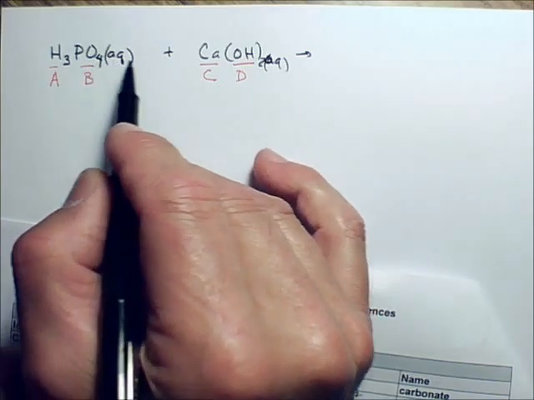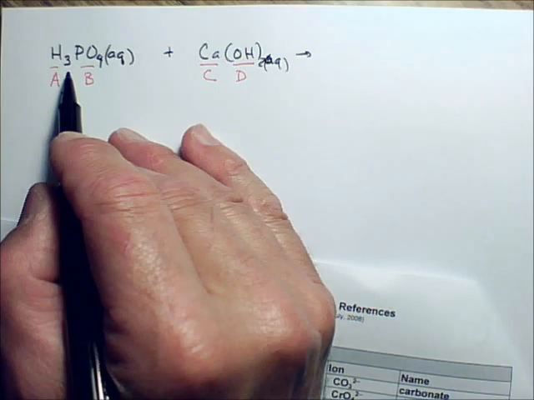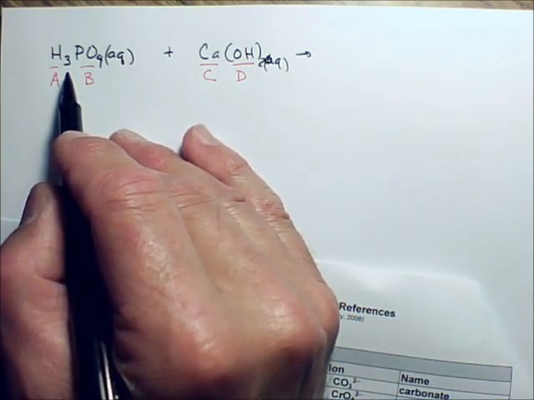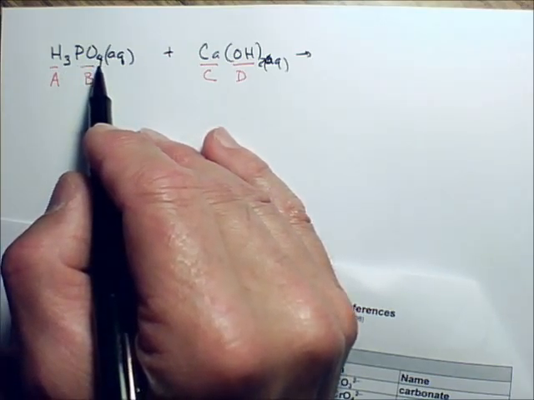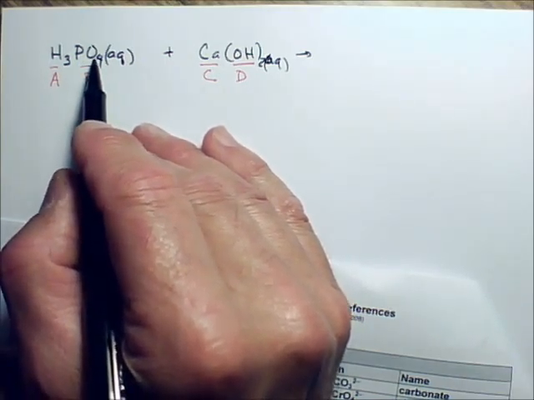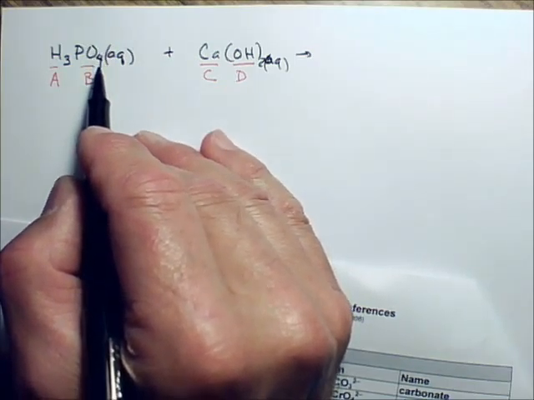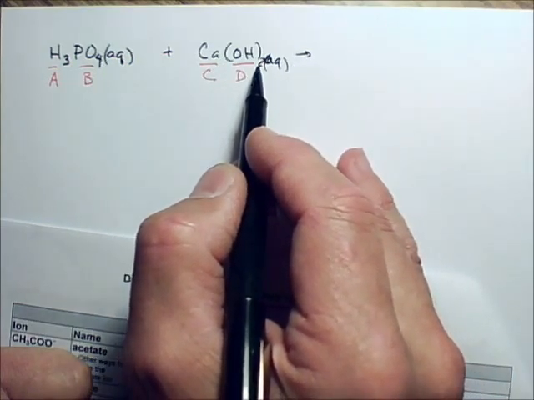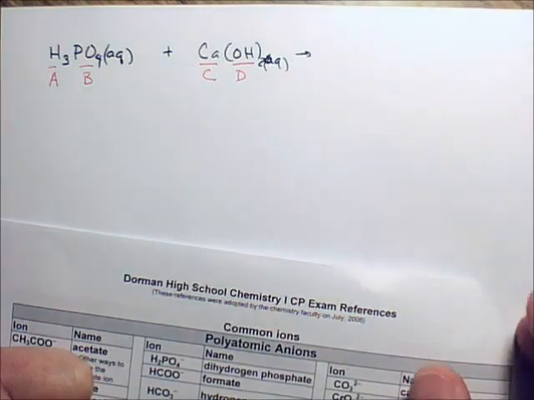So this subscript isn't going to travel. It's not part of the formula of a polyatomic ion. However, this subscript is part of the formula for a polyatomic ion. The phosphate ion is PO4, 3 negative. So this 4 has to travel. This 2 is not part of the polyatomic ion hydroxide.